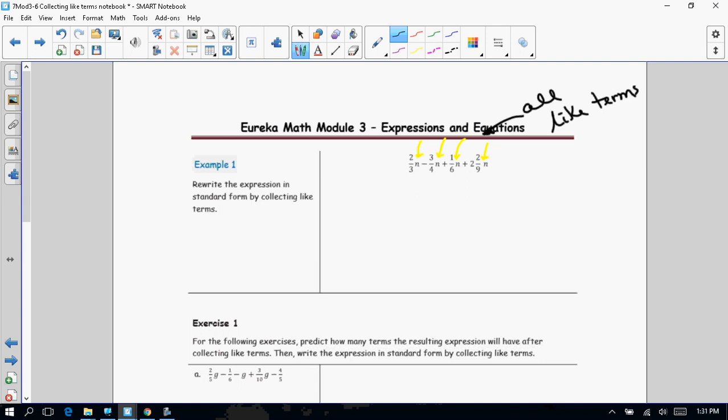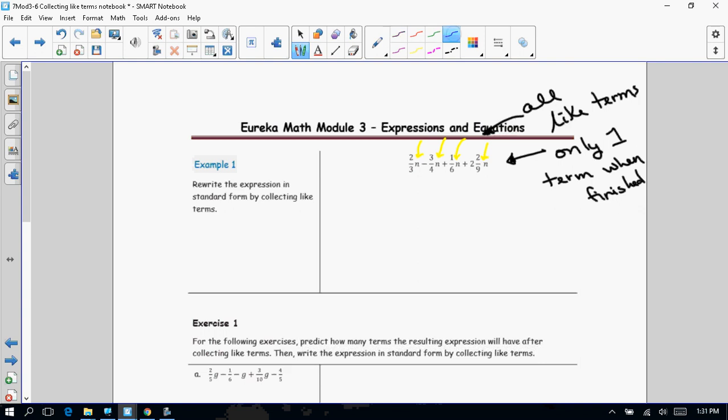They all have that letter N in it. Also, that tells me that when I'm done, I should have only one term when finished. When I get done, I should have one thing left with the letter N next to it, because they're all alike.